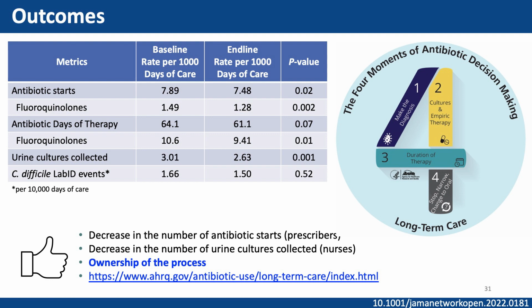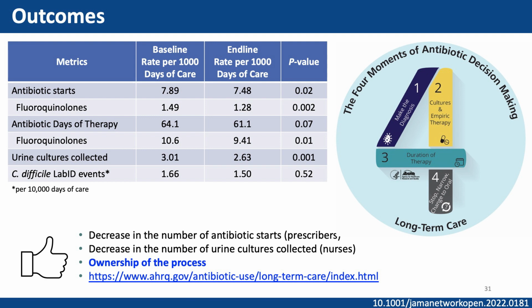So we found that there was a specific reduction in the number of antibiotic starts, especially for fluoroquinolones. We also had a reduction in antibiotic days of therapy, again around fluoroquinolones, and a pretty good reduction for urine cultures collected as well. We did not see a difference in C. diff lab ID events. Nonetheless, it worked.